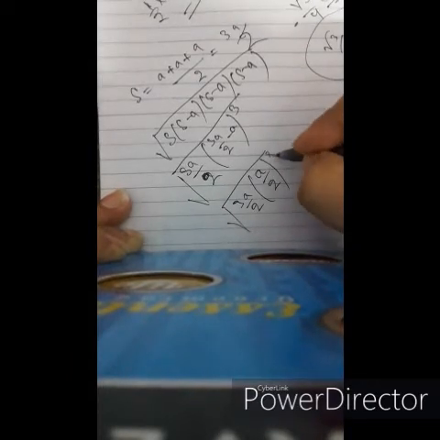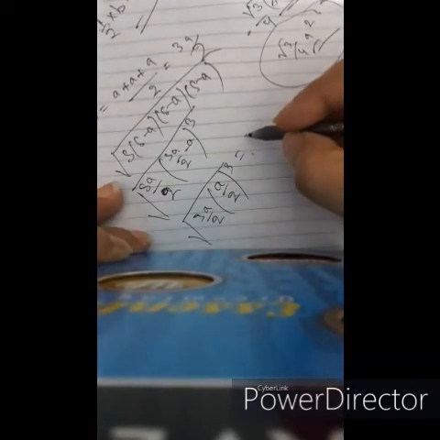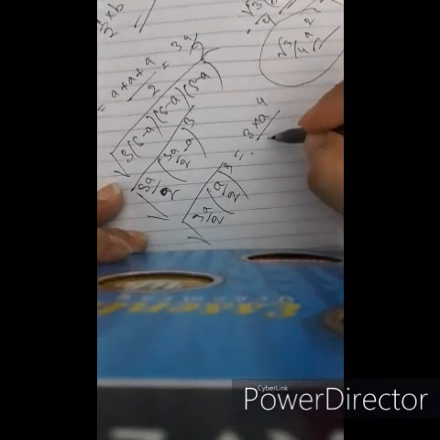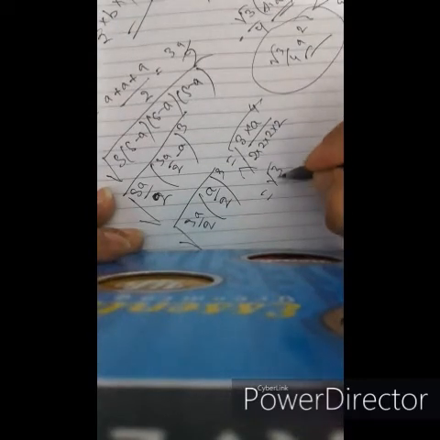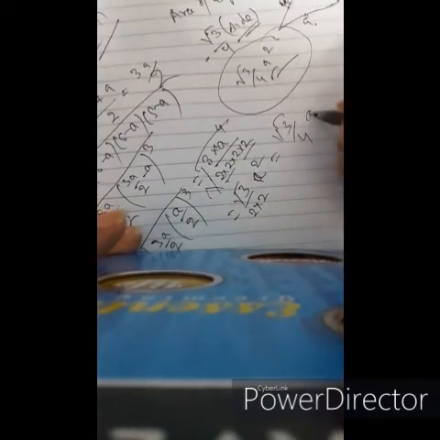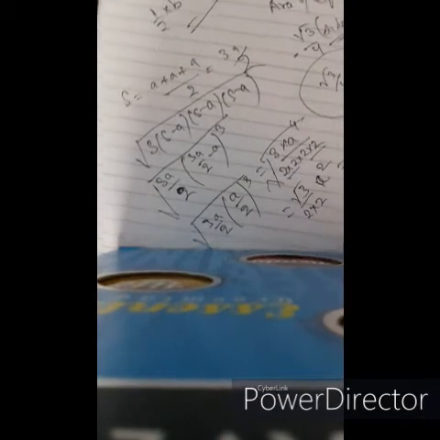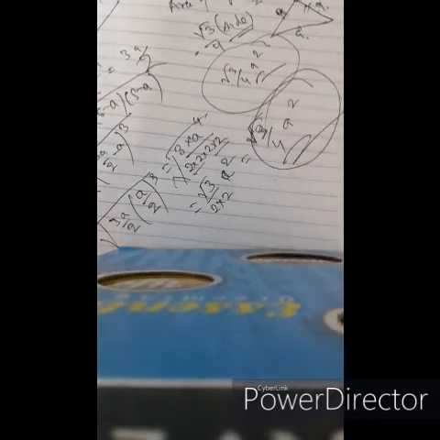So that becomes 3 into a to the power 4 by 2 into 2 into 2 into 2, root under. So root 3 by 2 into 2 a square, that is root 3 by 4 a square, which comes out as the area of an equilateral triangle, proved by Hero's formula. This is root 3 by 4 a square.